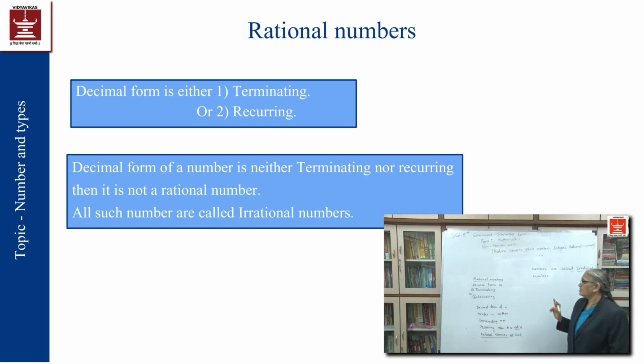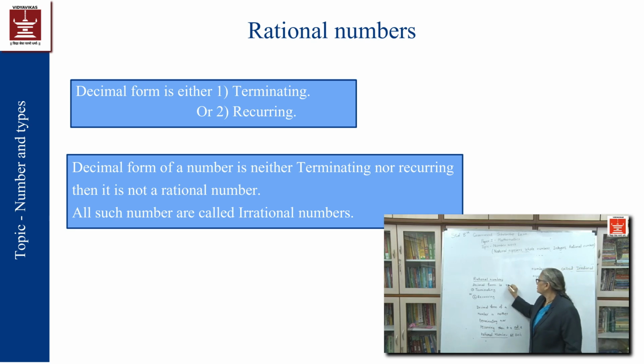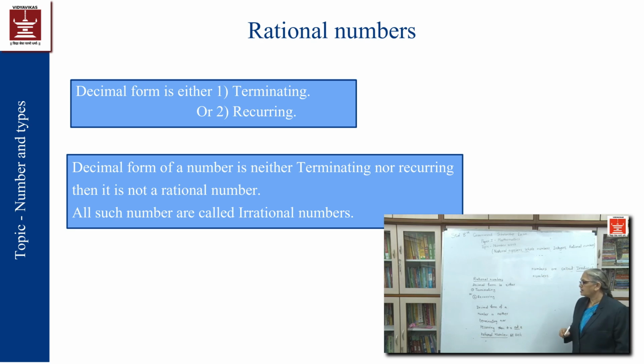So, we have learned the decimal form of rational numbers. We have seen that the decimal form of rational numbers is either terminating or recurring. And if the decimal form of a number is neither terminating nor recurring, then it is not a rational number.